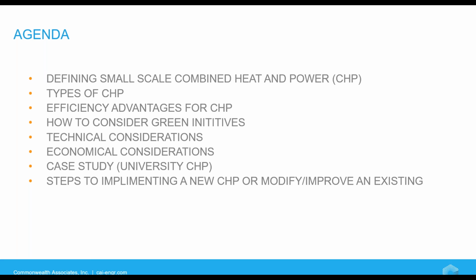In parallel with that, we'd like to talk about the technical and economical considerations that clients can use to help determine if CHPs are right for their projects. And they'll use that to help evaluate each technology. At that point, I will throw it over to Michael Hitchingham, who will discuss a case study that deals with a CHP system tied to a university. I think, Dale, we have a poll question coming up, so I'll go to the next slide.